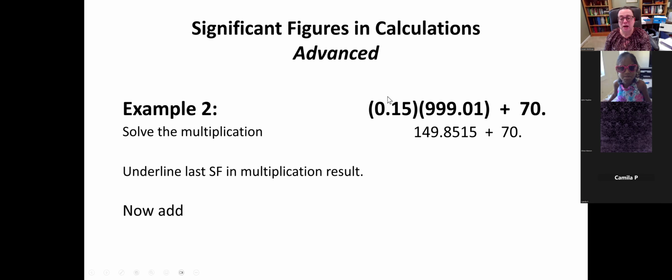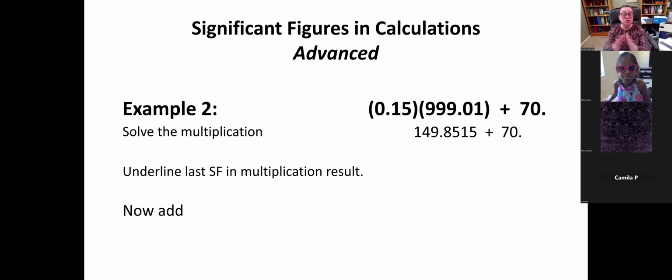So how many significant figures are in 0.15? Just two. How many significant figures are in 99.01? A lot more, 5 over here. That means that our answer can only have 2 significant figures. So can we underline where the second significant figure would be in that result?